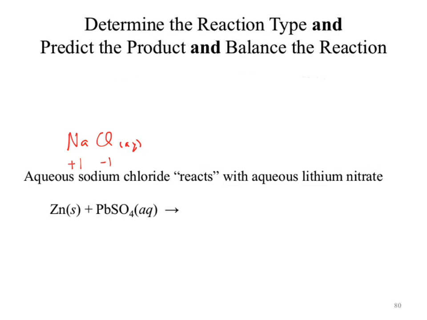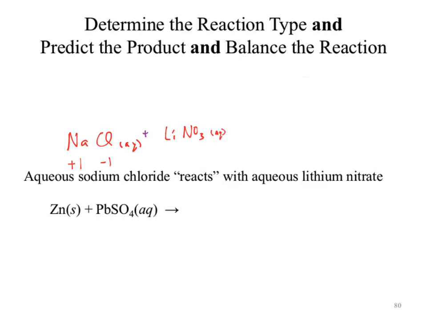Reacts with aqueous lithium nitrate. So reacts, we've got a plus sign. Lithium nitrate, Li. What is nitrate? NO3. How do you know nitrate was NO3? You are required to memorize that. There's some number of polyatomic ions that you're required to memorize that is starred in the nomenclature video. That's why you need to watch that video.